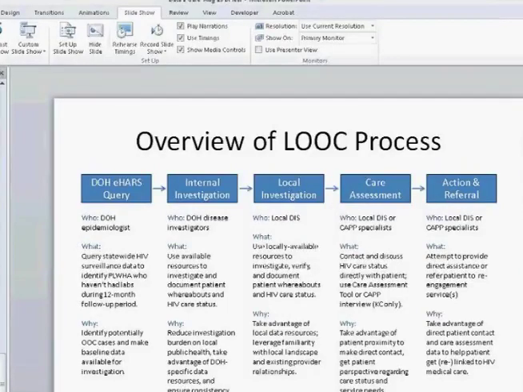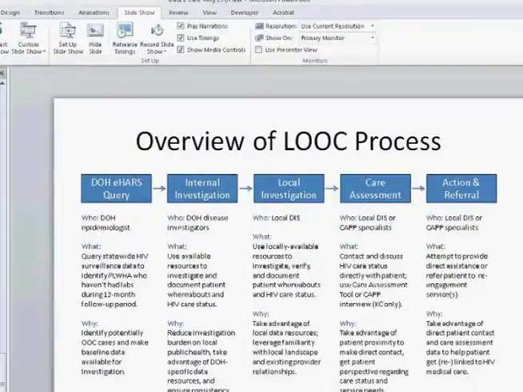We're trying to get data sharing agreements put in place to be able to share data. But what we heard from CDC is that we really do need to have some information that a person had received care at a site.